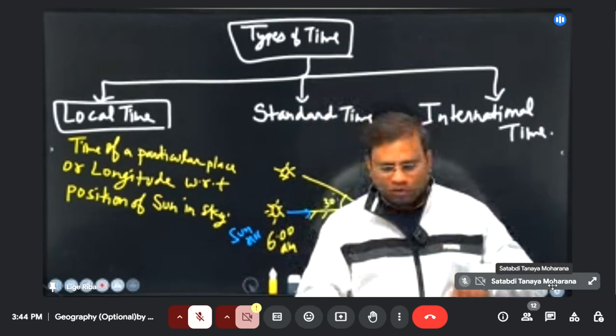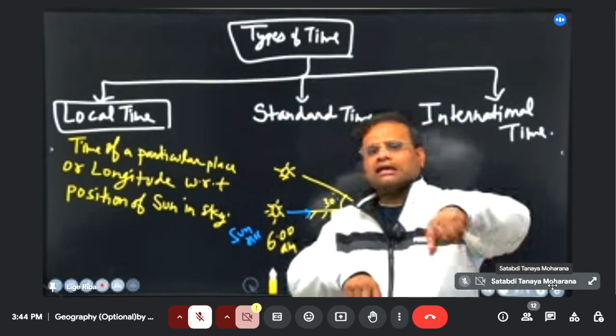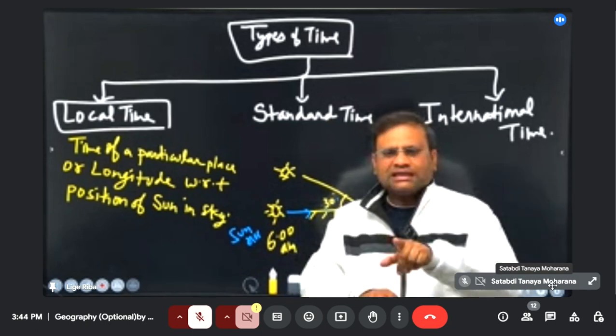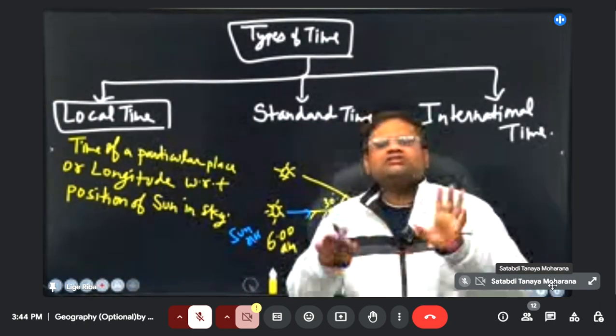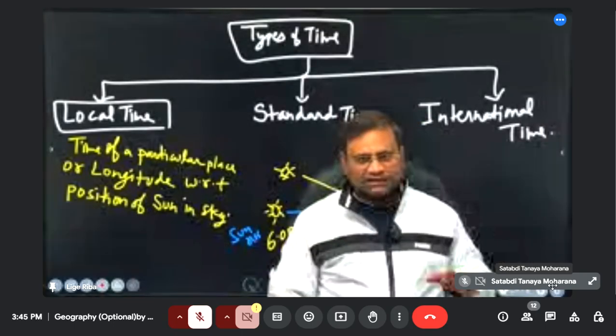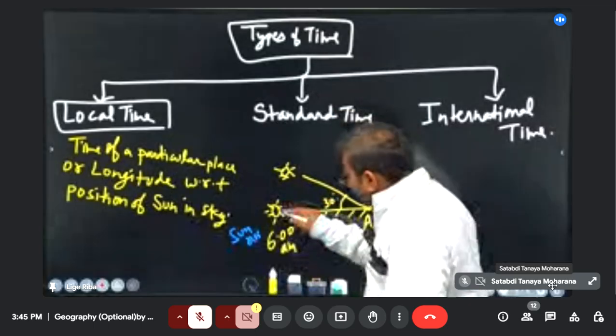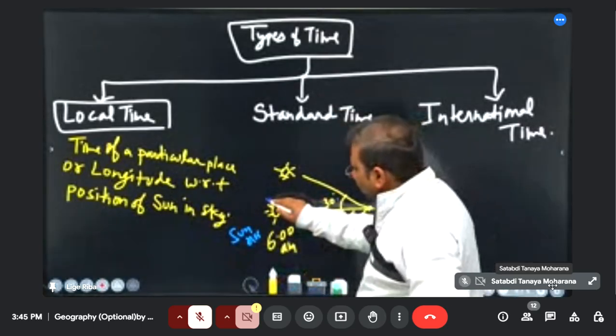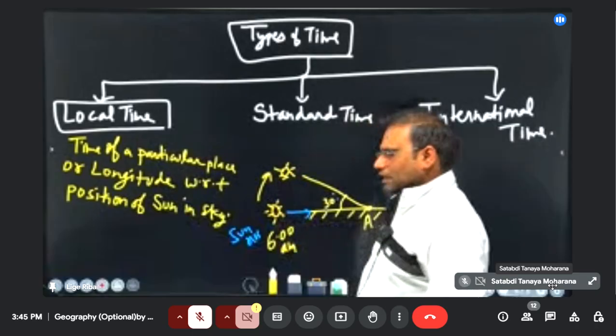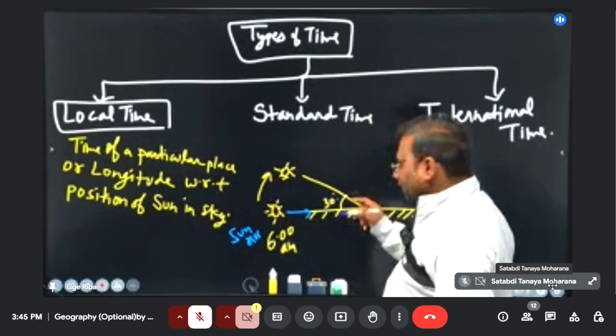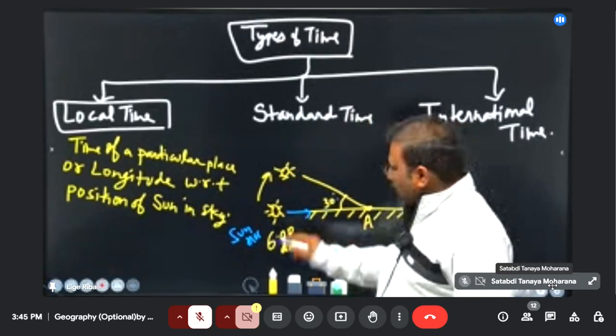Right? Your mechanical clock makes one complete circle in 24 hours. So you have set your clock at 6 a.m. Once the earth rotates, the sun will shift upward into the sky for this finger, or this point A. When the sun comes here, it is a 30-degree angle.